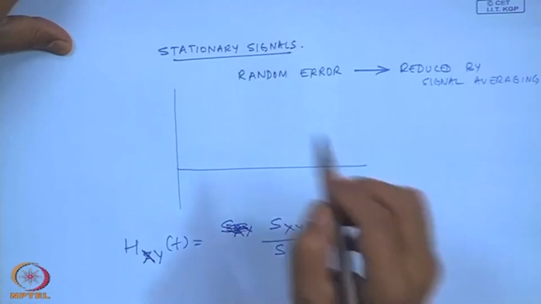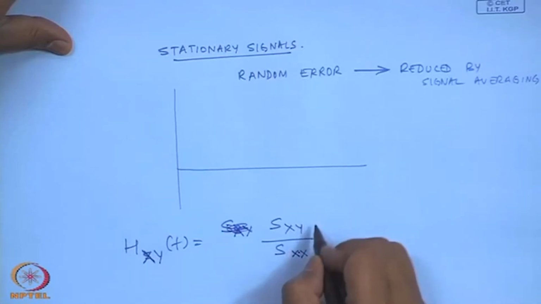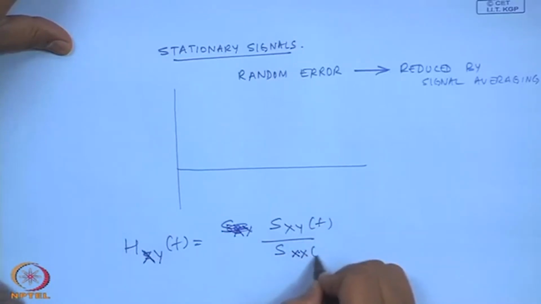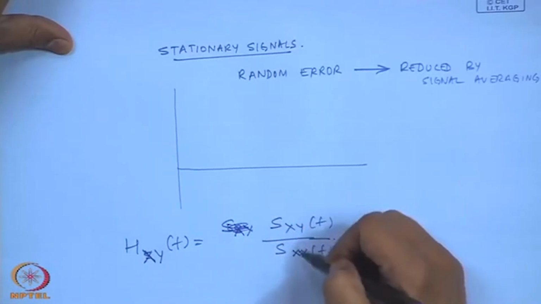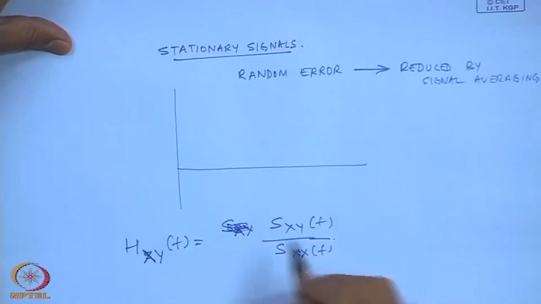And this is again a complex quantity, and these are all functions of frequency. You have to be careful about how you put the conjugates, okay.